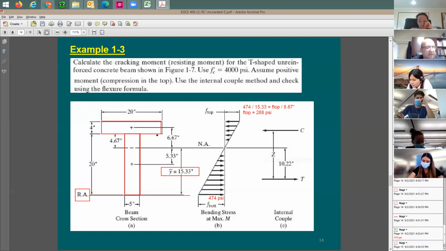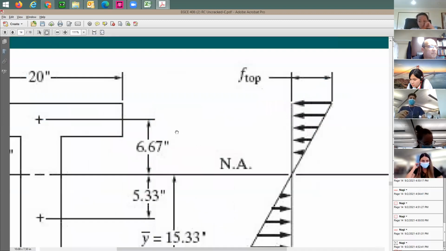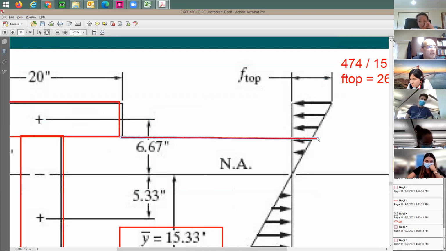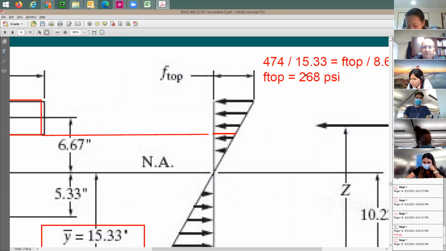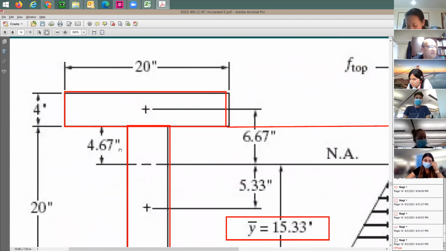And this is the reason I need to find the stress at this point. Look, the stress right here. You zoom in. I'm going to find the stress right here at this location. I can use the same equation, but in this case I need to know the distance from here to there, and I have it, 4.67.